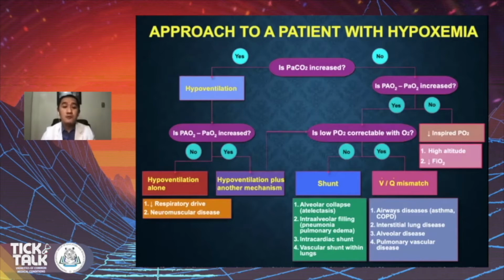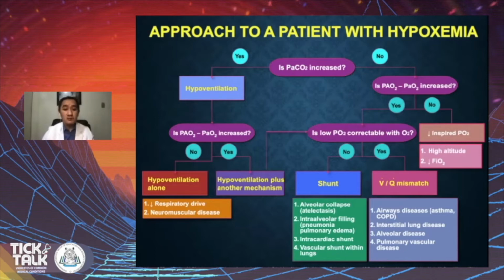First, we need to check for the level of arterial CO2. If it is increased, we go to the left side of the algorithm. There is a possibility of hypoventilation, and then we have to compute for the alveolar arterial gradient. If it's increased, it can be hypoventilation plus other mechanisms.